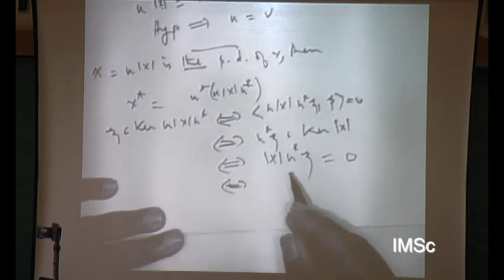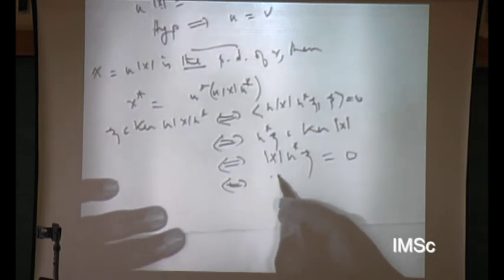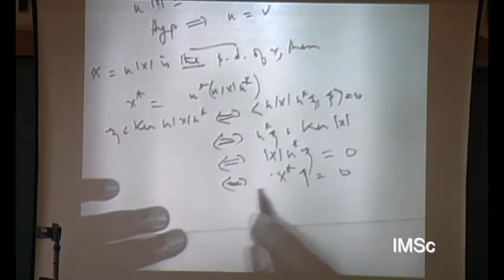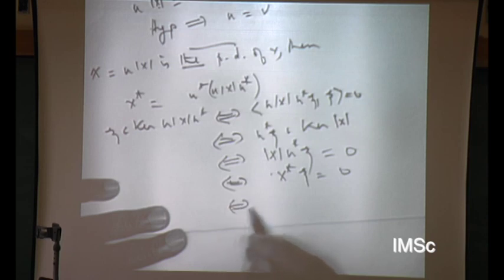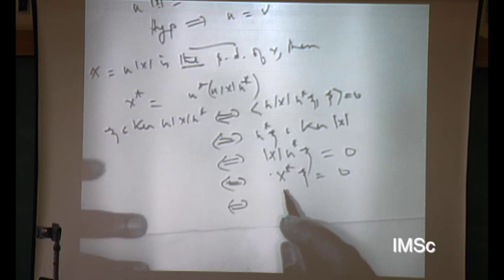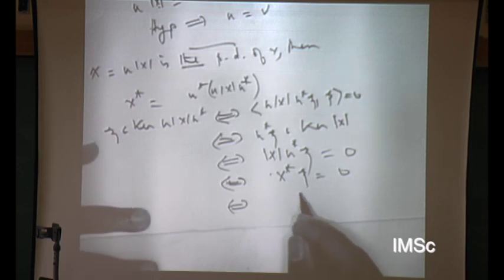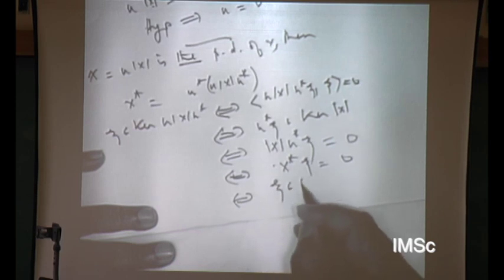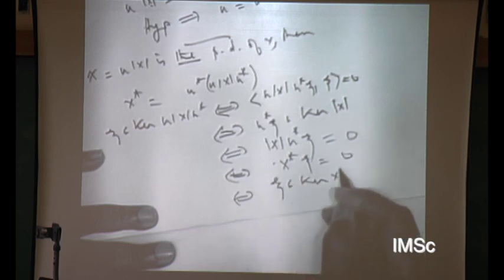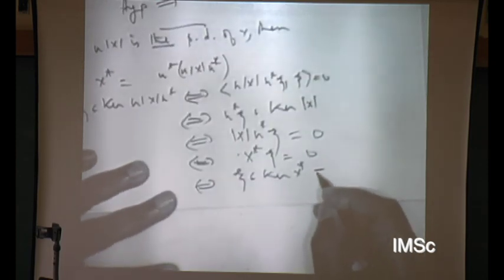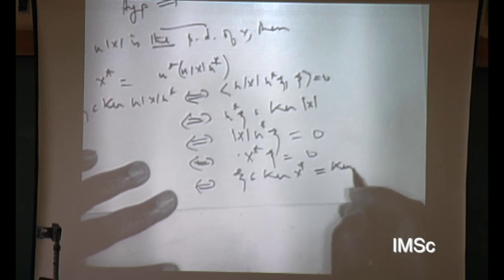Right? If mod x U star Xi is 0, what is mod x U star? That is just x star. X star Xi is 0 if and only if Xi is in the kernel of x star. And that is equal to the kernel of U star, I want to say.